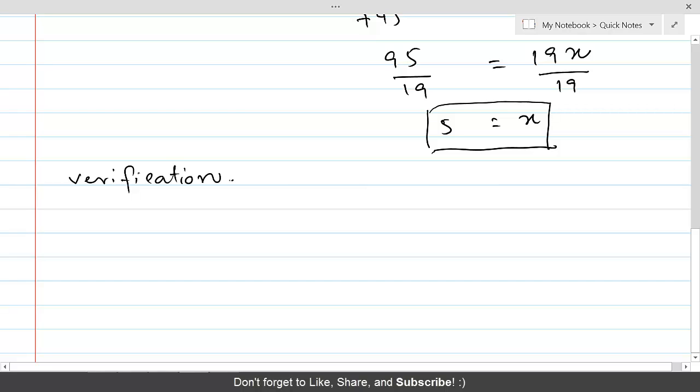And for this verification, we will look at the equation that was given to us and substitute this value of x in every equation. So 25 over 9 plus 5 over 9 equal to 7 times 5 over 6 minus 5 over 2.